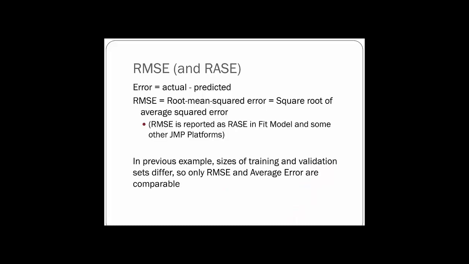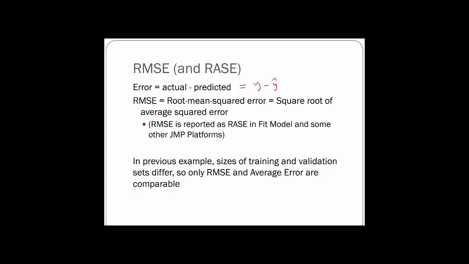So how are these things calculated, the root mean square error and the root average square error? Well, the error is the actual value minus the predicted value, so you might call this y minus y hat, and another way to think of that is the residual. And so the root mean square error says square that, add it up, take the square root.